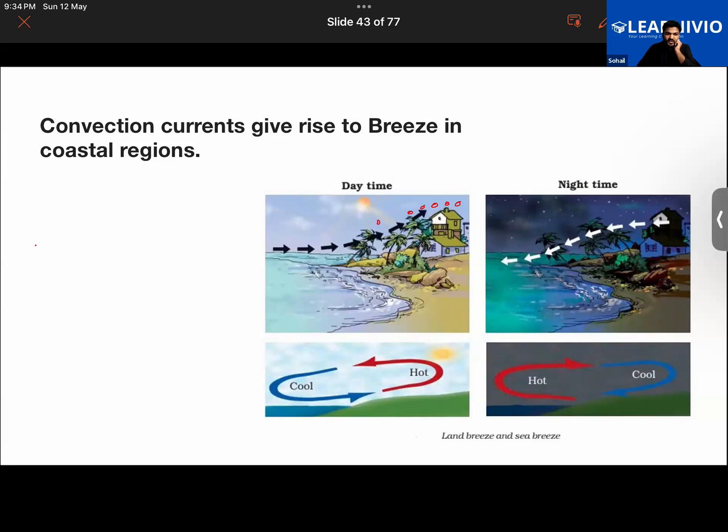See what happens now. In convection current, we discussed that the particles of the air, or of a liquid, move from the hotter end to the colder end of the object. Just like in boiling water, the water molecules at the bottom of the utensil move from there to the colder part of the water.